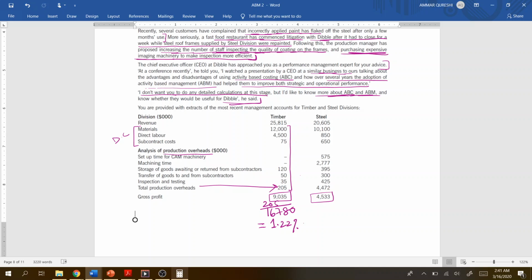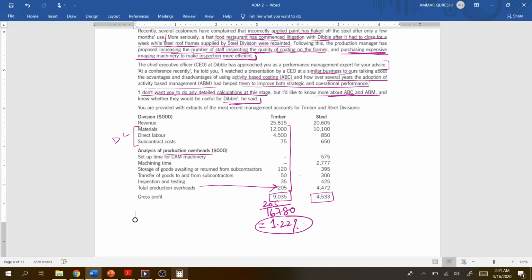So probably it will not be a beneficial thing for the company, because the direct cost is very huge, and the overheads are just 1.22%. So the company will be managing 1.2% of the total cost by managing the overheads, right? So overheads are not a significant proportion of the total cost.